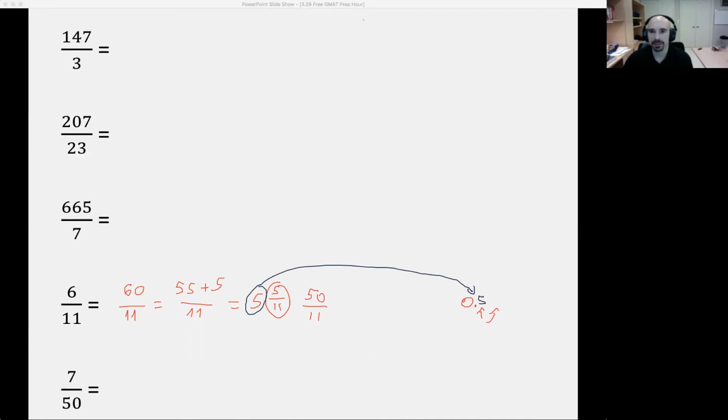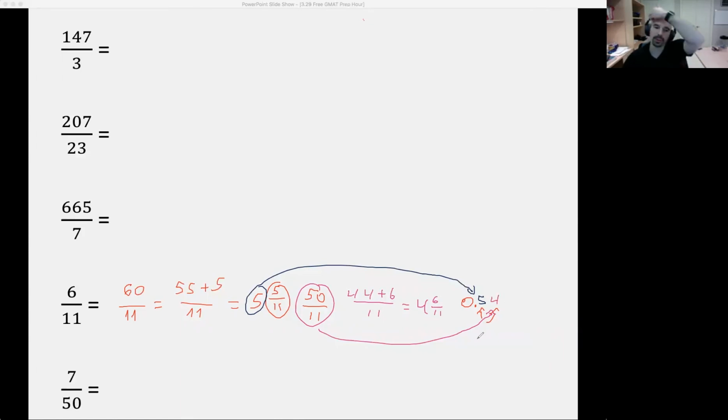And whatever I get from the 50 over 11, that answer will go here to the second spot. And so 50 over 11, I'm going to do 45 plus 6 over 11, which is 4 and 6 over 11. So I'm going to go ahead and put the 4 right there.